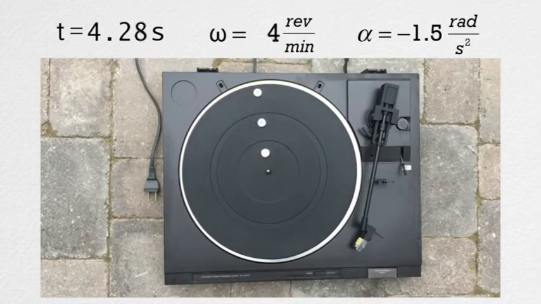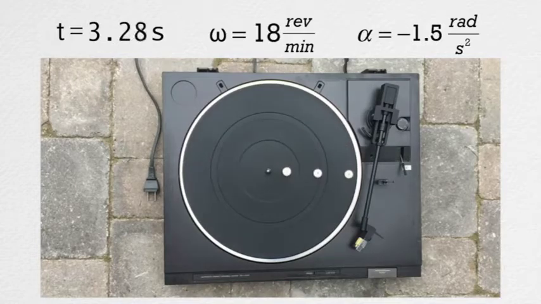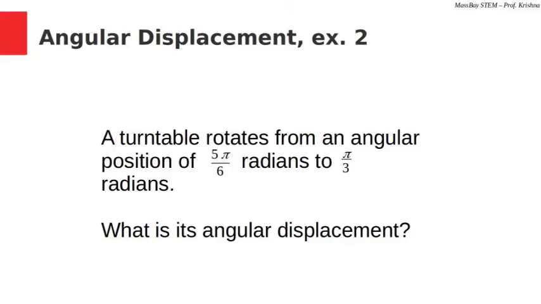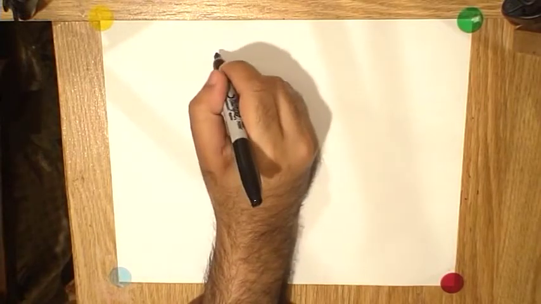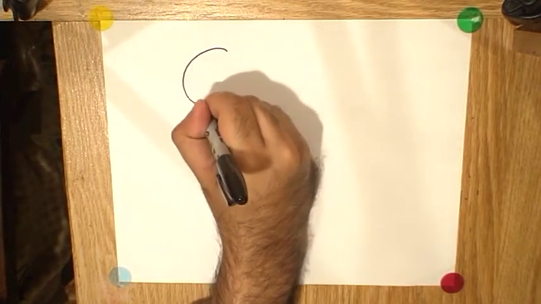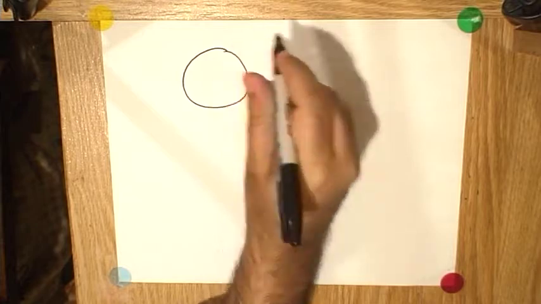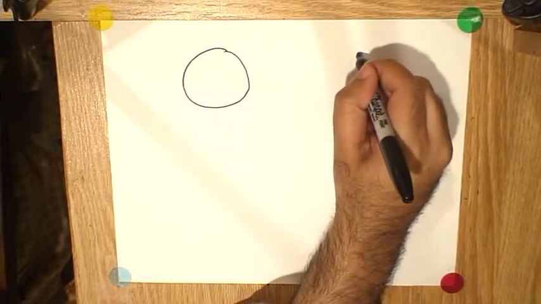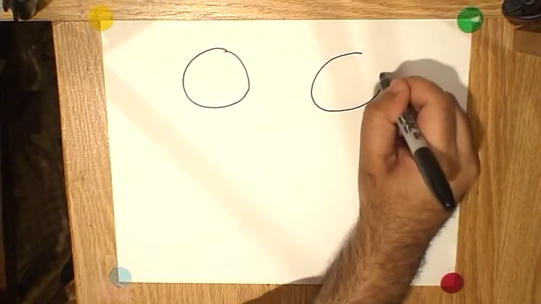Of course, a turntable doesn't need to spin counterclockwise. Consider this situation. A turntable rotates from an angular position of 5 pi over 6 radians to pi over 3 radians. What is its angular displacement? To begin, I'm going to draw the turntable in these two different photos.